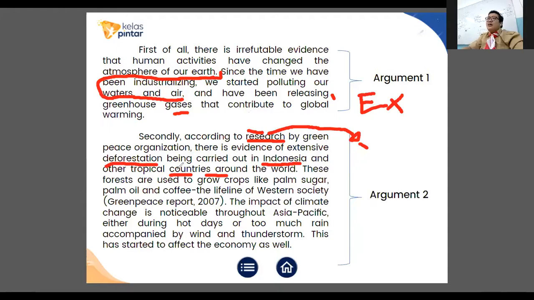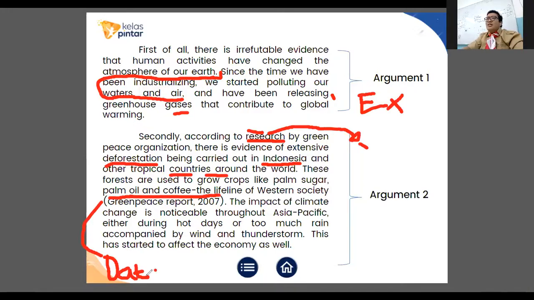These forests are used to grow crops like palm sugar, palm oil, and coffee, the lifetime of Western society. Greenpeace report 2007. Jadi, it is the data. Ya. Dalam research itu ada yang namanya data. Nah, maka itu ini bukan asal-asalan.